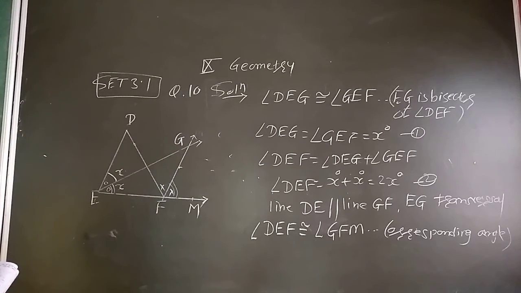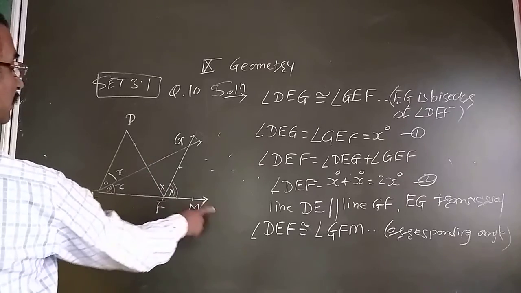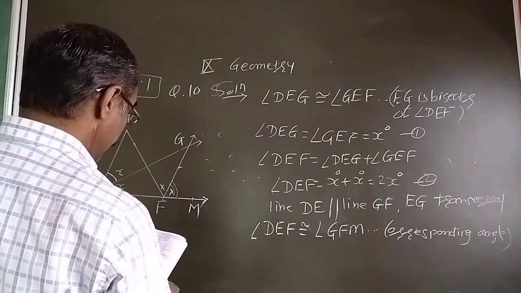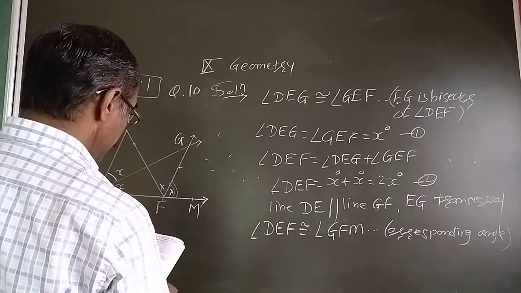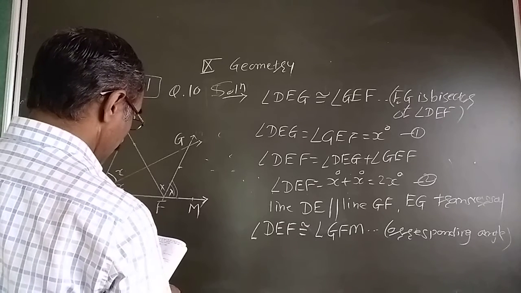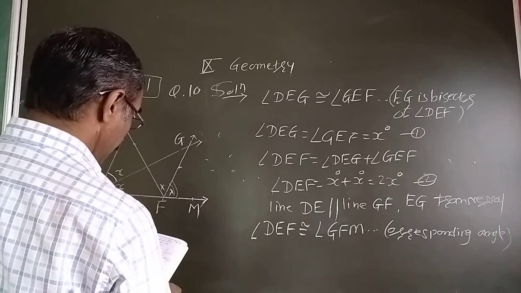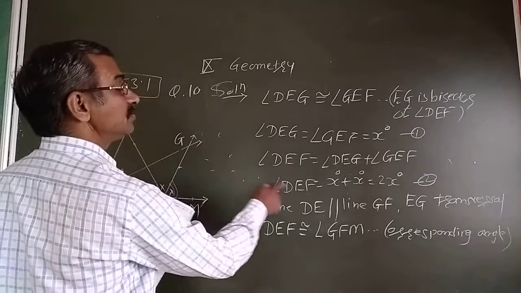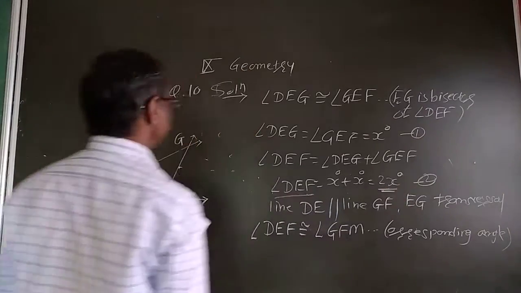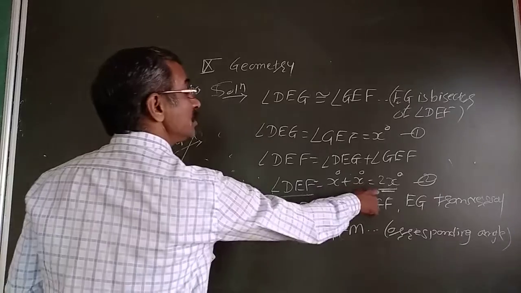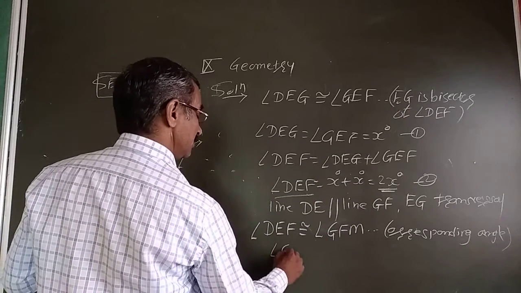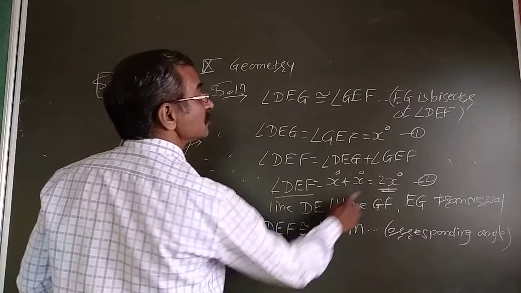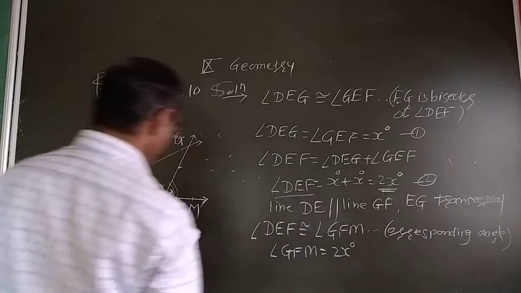Then here we find GFM from equation number 2. Here DEF is equal to 2x degree, and GFM, because both are equal, GFM is also equal to 2x degree.